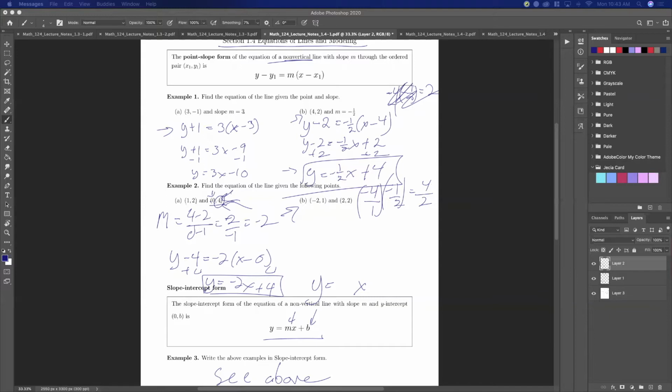All right. Has anyone got an answer? All right, so we get, I use the point 2, 2, so I don't know.